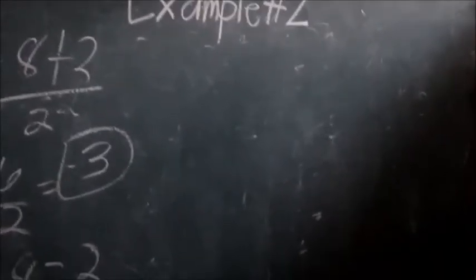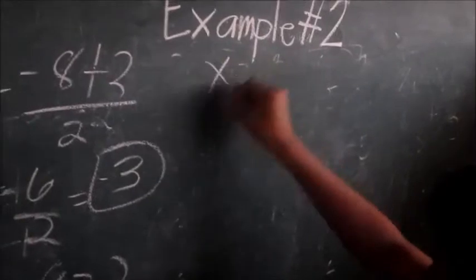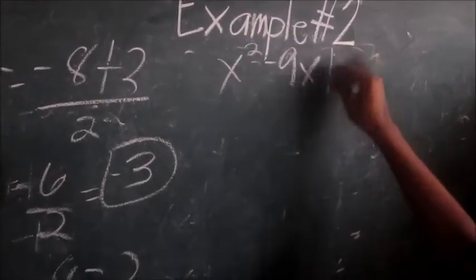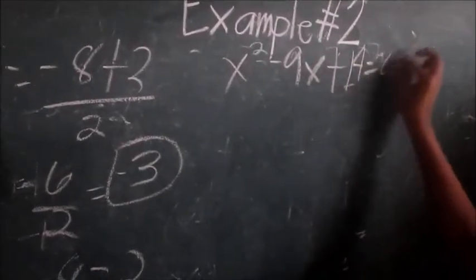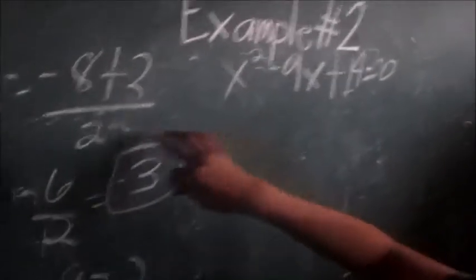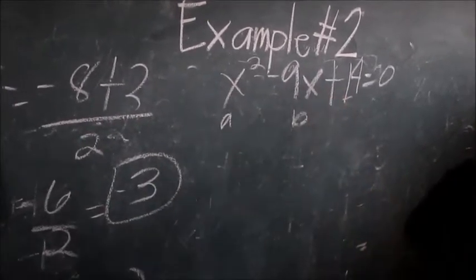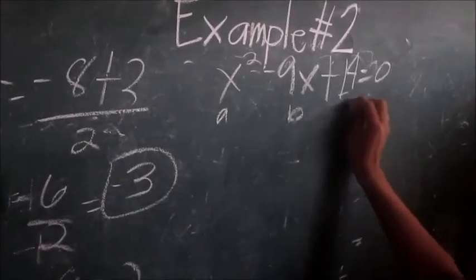In example number 2, we have an equation of x squared minus 9x plus 14 equals 0. So what I've said recently, a is the coefficient of x squared, 9 is b, and 14 is c.